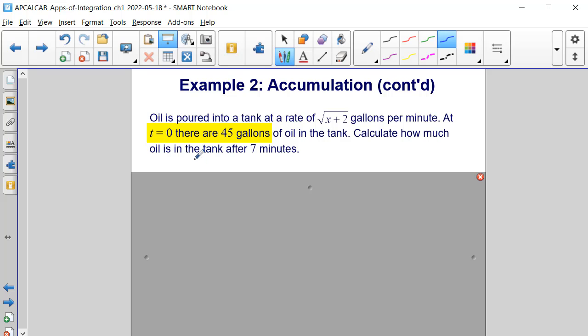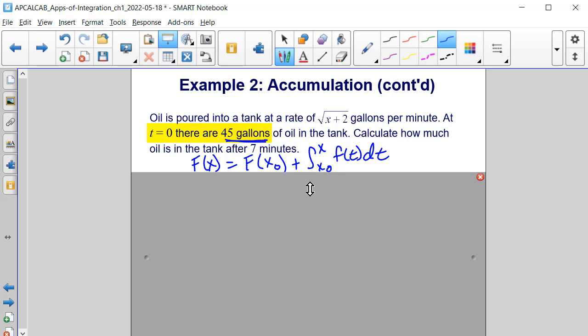So we have that capital F of x is equal to the function value at the initial amount plus the integral from our initial x value to x of f of t dt. Well, we have this initial x value, or the initial value when time is 0. It's 45.